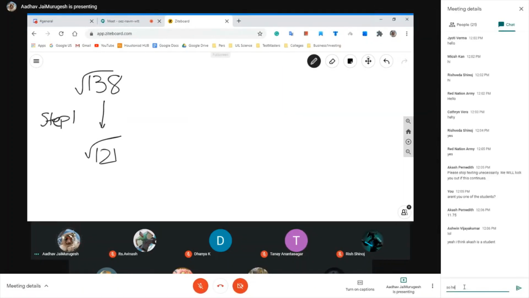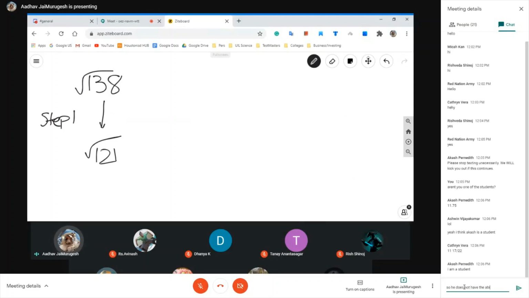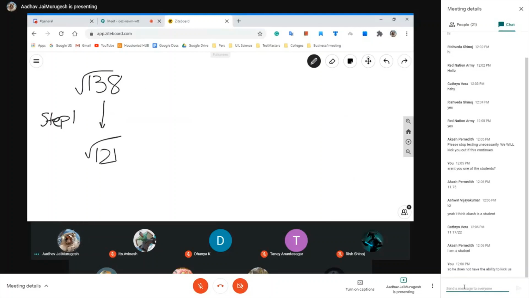Then you put the whole number over here, and since the square root of 121 is 11, that's going to be the whole number part of our answer.